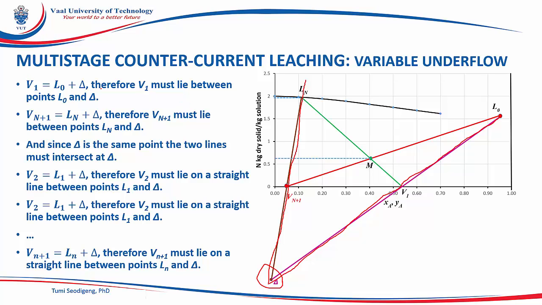Therefore, V1 must lie between points L0 and delta, because if we mix L0 and delta, the resulting mixture will lie in between the two points. Similarly, Vn plus 1 is equal to Ln plus delta if you rearrange the equation, which was originally Vn plus 1 minus Ln is equal to delta.